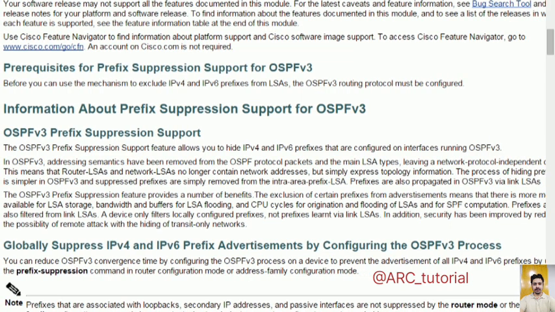The OSPF version 3 prefix suppression support feature allows you to hide IPv4 and IPv6 prefixes that are configured on an interface running OSPF. You don't want to advertise them, you want to hide them. In that case, you can use prefix suppression in OSPF version 3.